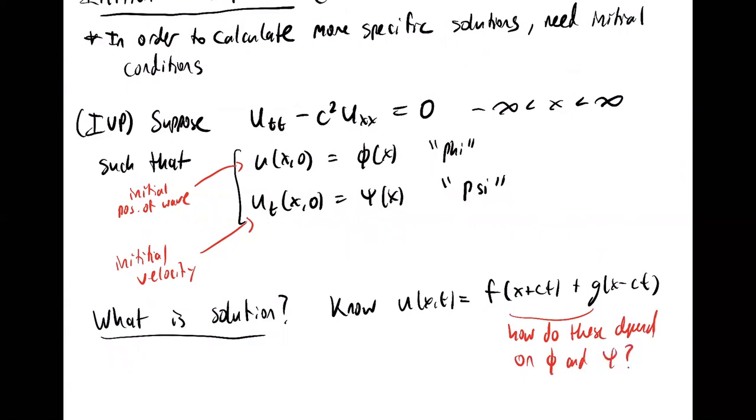Ideally we can find some formula for the solution u which only involves phi and psi, because then if you have a particular problem where these are specific functions, you can just plug them into the formula and that'll give you your solution. So that's what we're after. And such a solution is called a solution to the initial value problem, which involves initial conditions on top of the differential equation.